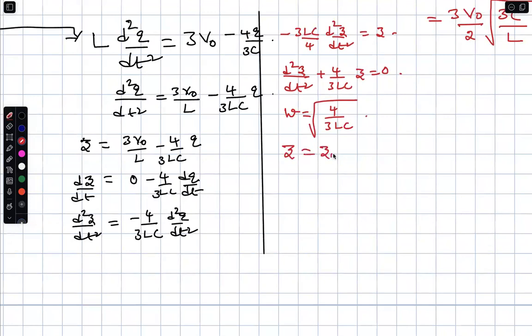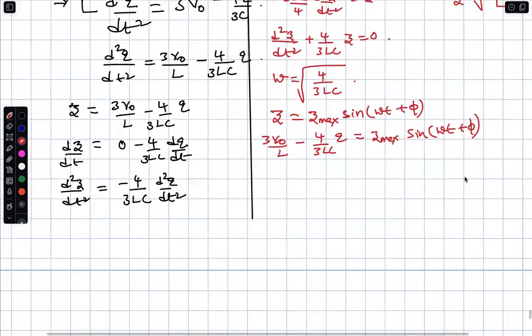z is z max times some sine. I'm assuming it like this: sine(omega t plus phi). Now in this case, (3V naught by L minus 4 by 3LC times Q) is z max times sine(omega t plus phi). This is just a trial solution, no idea, so trial solution.